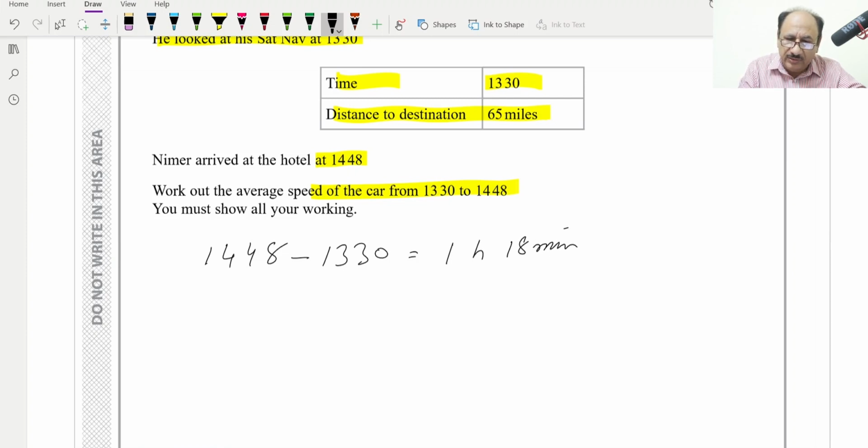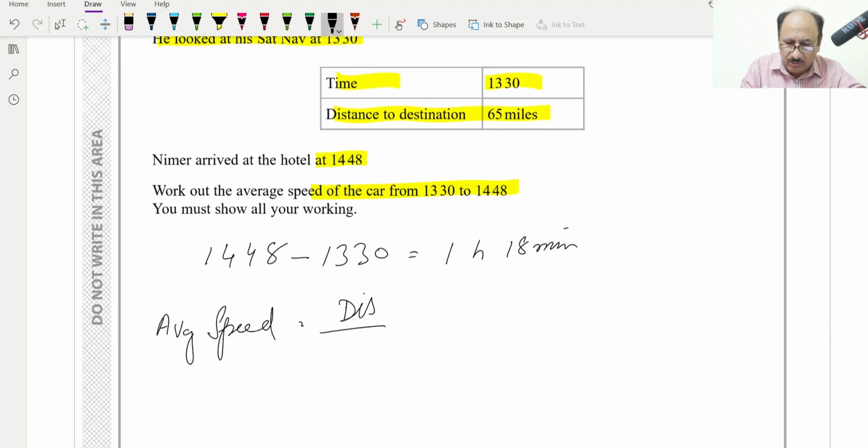Now we can divide the distance covered, which is 65 miles. We know that average speed is equal to total distance over time, right?